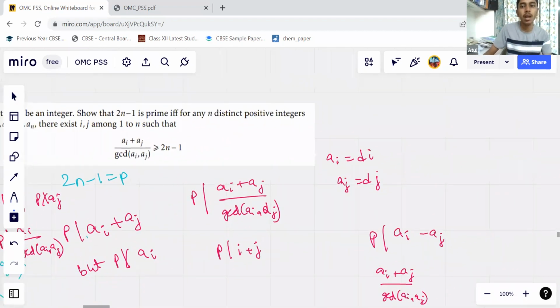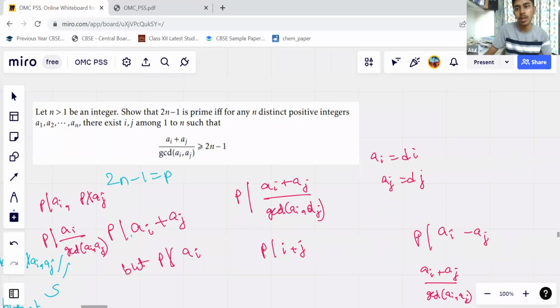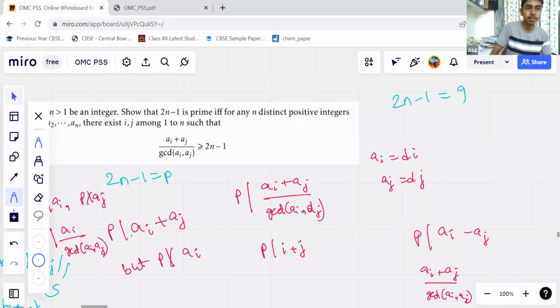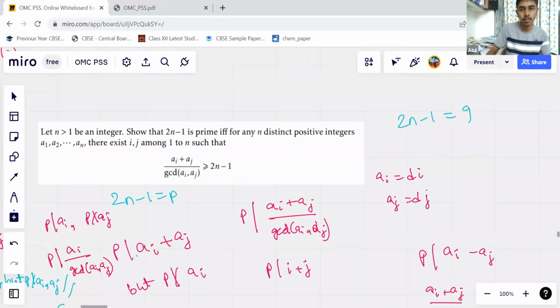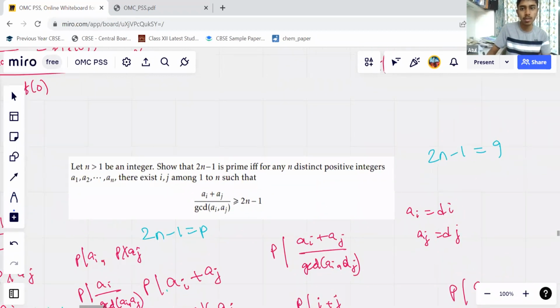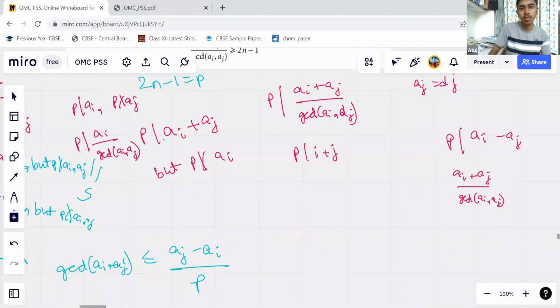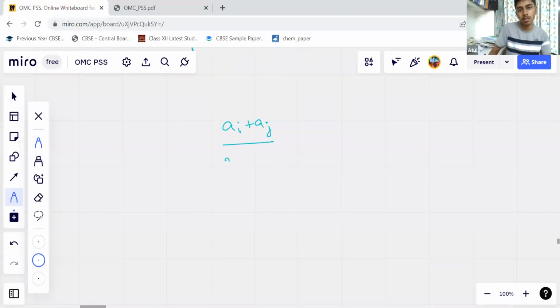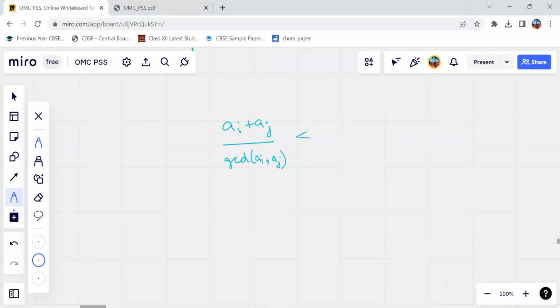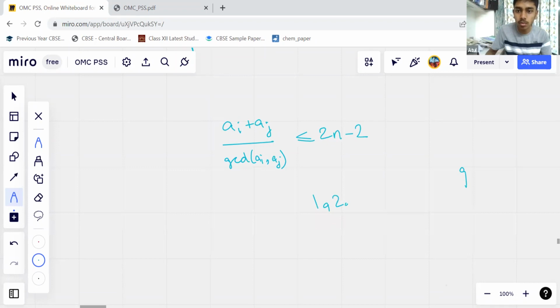Which is interesting. Let's look at 2n minus 1 equal to 9 when n equals 5. How would we do that? 1, 2, 3, 4, 6.